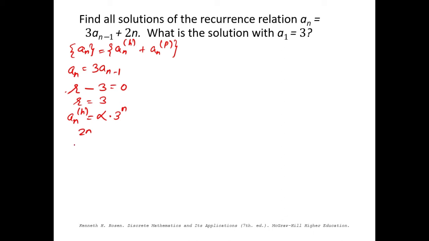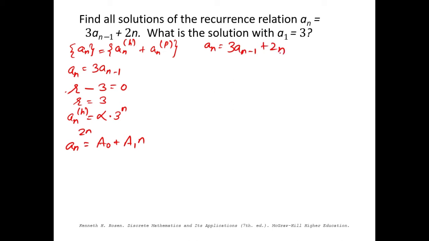So we can say that the particular part is described as a0 plus a1n, and the original recurrence relation is an = 3an-1 + 2n.